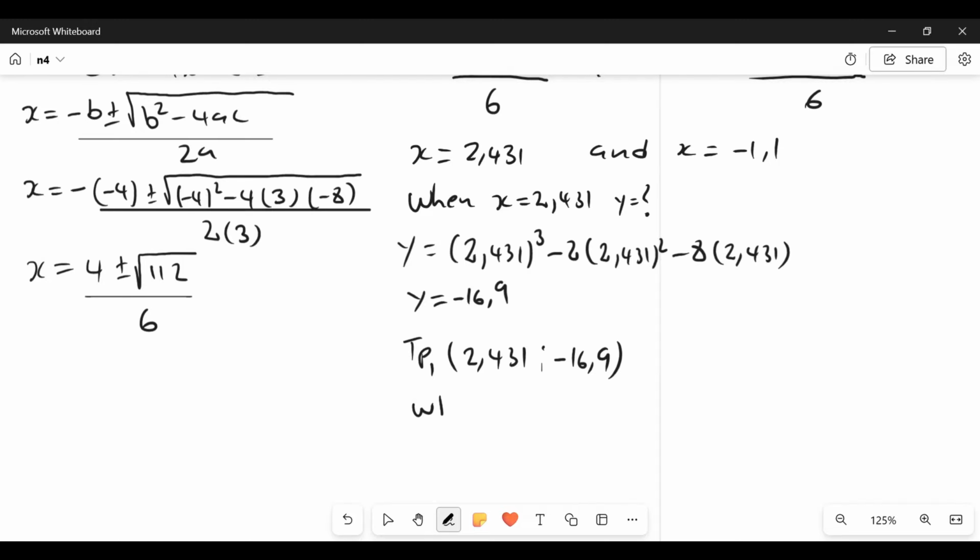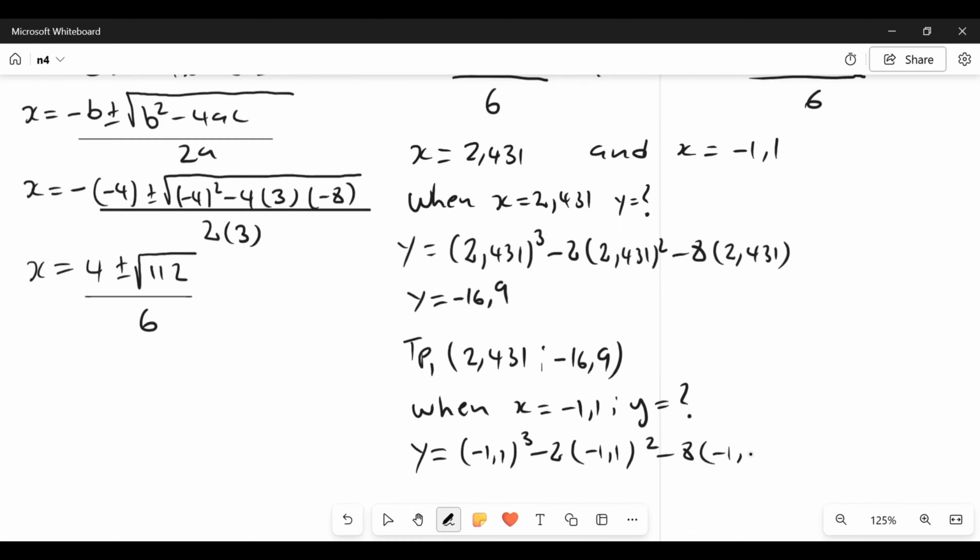But when x is equaling to negative 1,1, what is our y? There we go. So very simple. We're going to do a similar thing that we did on the first turning point. We're going to use the original equation. We know that y is going to be equaling to, instead of writing x, we're going to write negative 1,1 cubed, then minus 2 negative 1,1 squared minus 8 multiplied by negative 1,1.